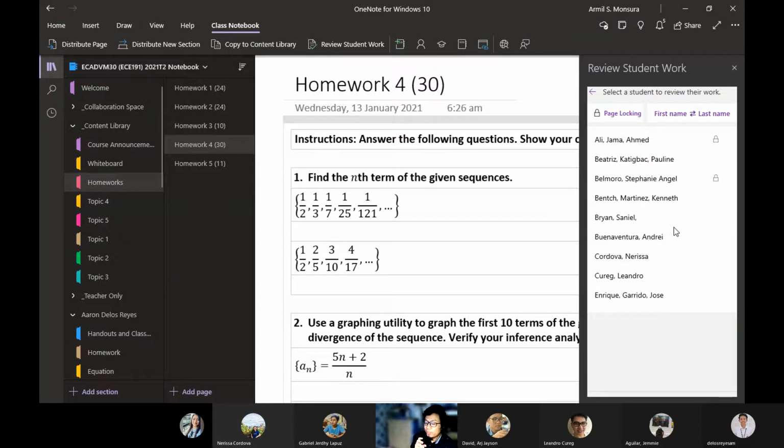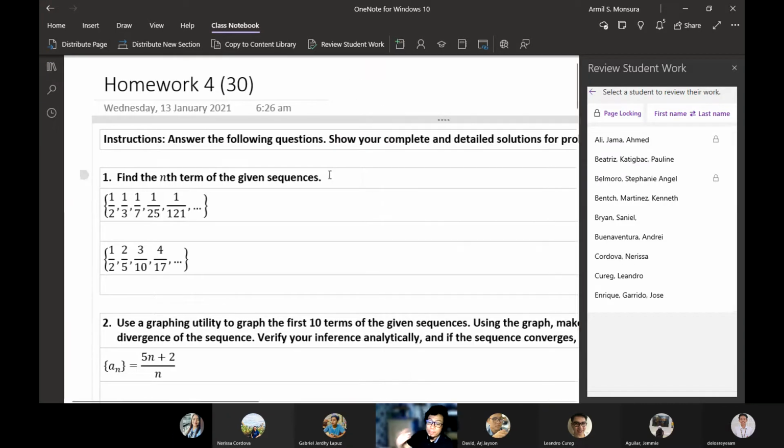Submitting in a separate document will not work. Although Teams would allow it, the problem is that I will be checking your work from OneNote. So if you submitted it separately, I will not be able to see it. I will not be able to check it. Now, you will see here when you have already turned in.